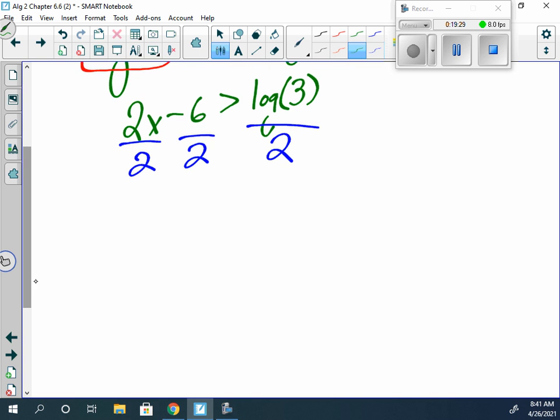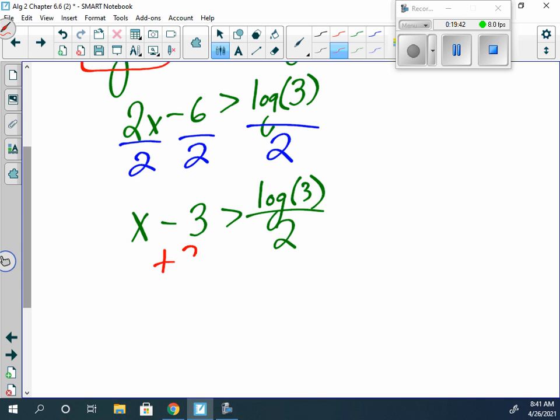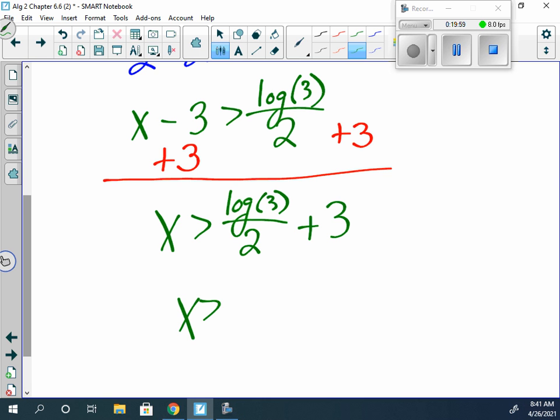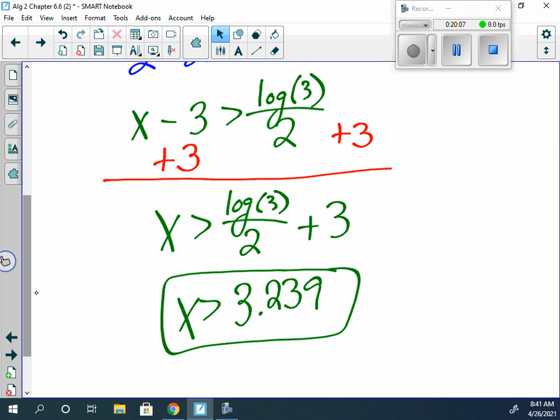Because if we do this division by 2, 2x divided by 2 is just going to be x. 6 divided by 2 is 3, is less than log of 3 divided by 2. And at this point, we can add 3 to both sides, which would give us x is greater than log of 3 divided by 2 plus 3. And if we actually typed it in, we'll get the exact same thing, 3.239. It'll actually give us the exact same value.